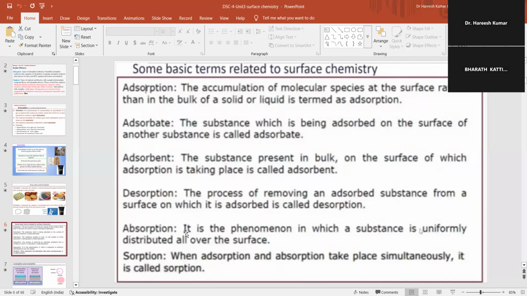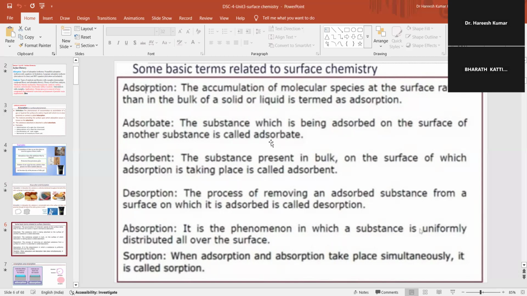And then absorption. So adsorption, as I mentioned earlier, is the accumulation of molecular species at the surface rather than the bulk of the solid or a liquid. Adsorbate means the substance which is being adsorbed on the surface of another substance.